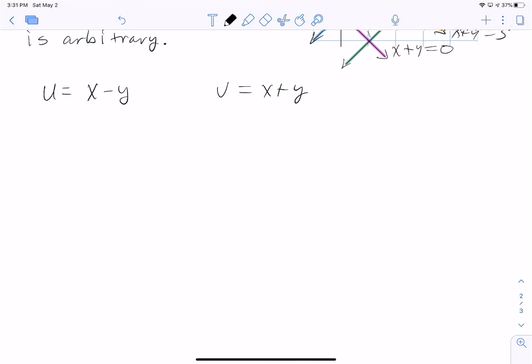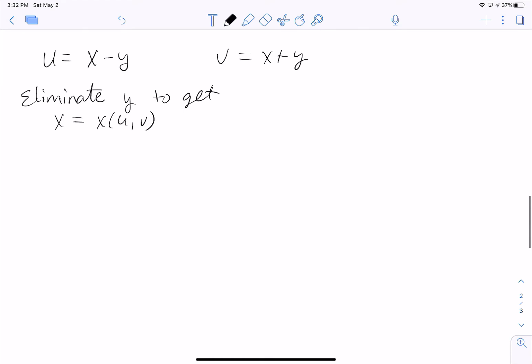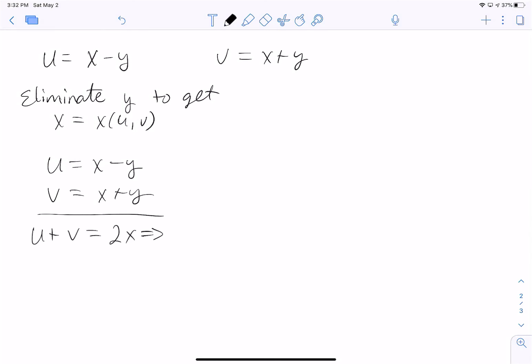First I want to eliminate y to get x as a function of u and v. If we take the first equation, u equals x minus y, and add the second equation, v equals x plus y, we end up with u plus v equals 2x, and so x is equal to 1/2 of (u plus v).